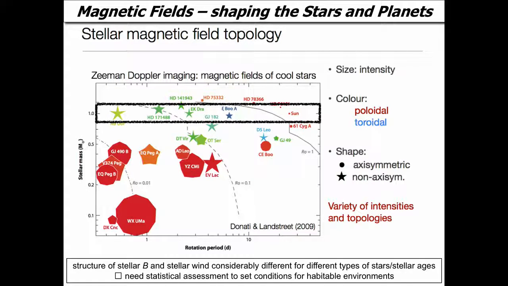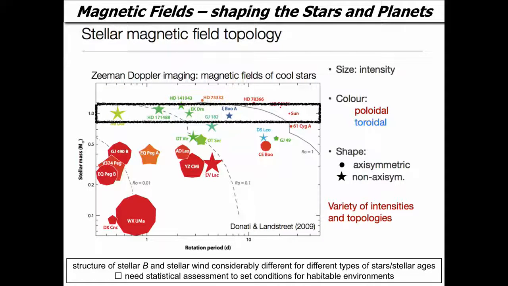And let me show you a plot that stores a lot of information. Again, they have plotted rotational period against stellar mass. The color symbols show the magnetic field information, statistical information about the magnetic fields of these mapped stars.